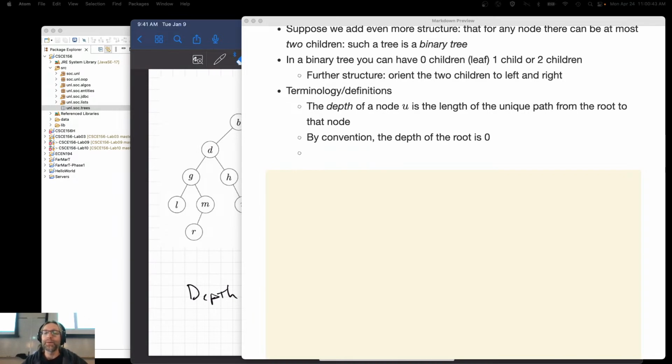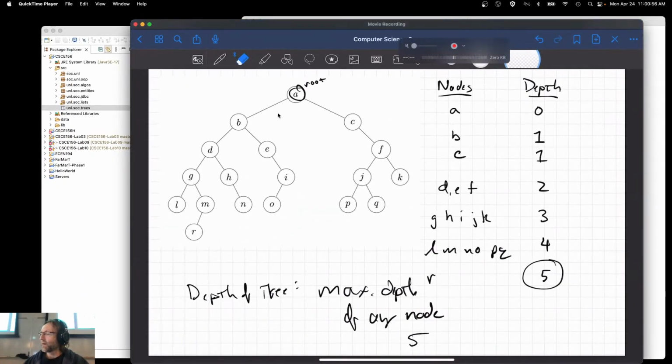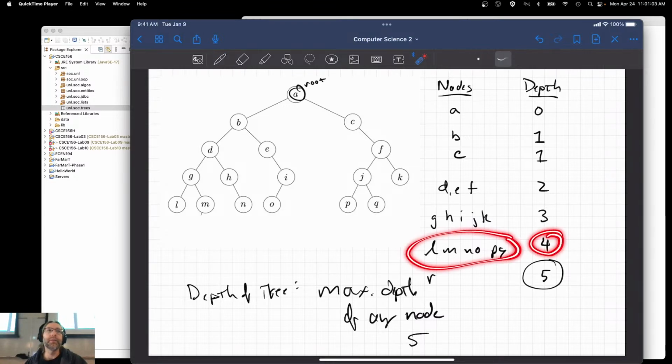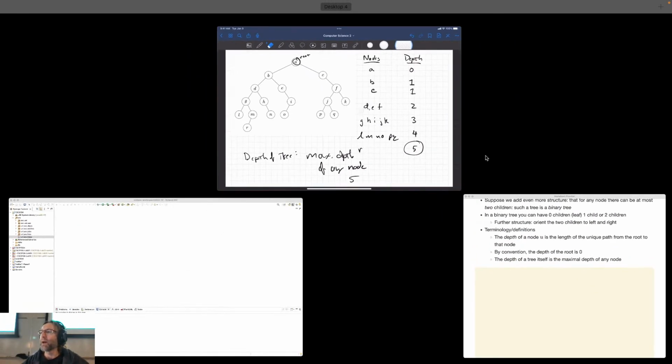And the depth of a tree itself is the maximal depth of any node. And we say maximal here because, again, if I had erased R here, there are multiple nodes at depth 4, and so we can't say maximum because there are 1, 2, 3, 4, 5, 6 different nodes at that maximum depth of 4. So that's why we say maximal instead of maximum.